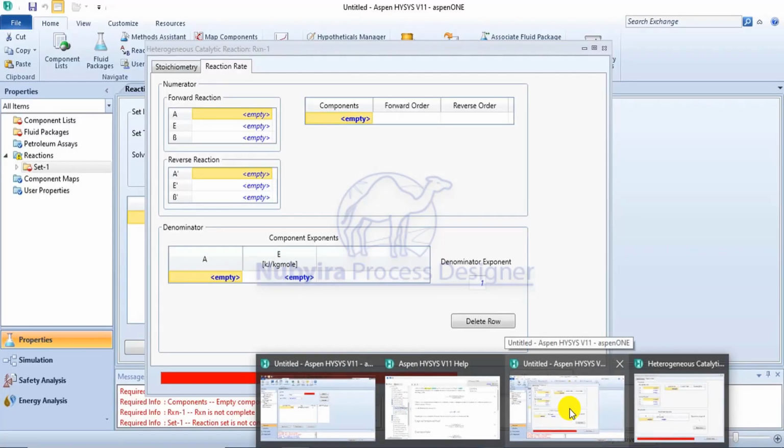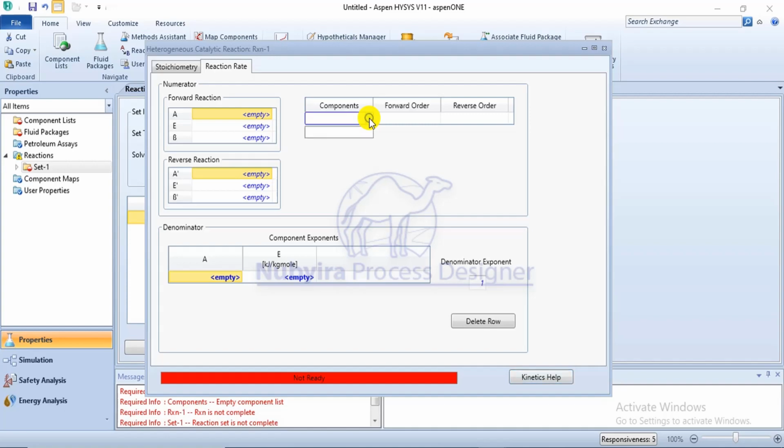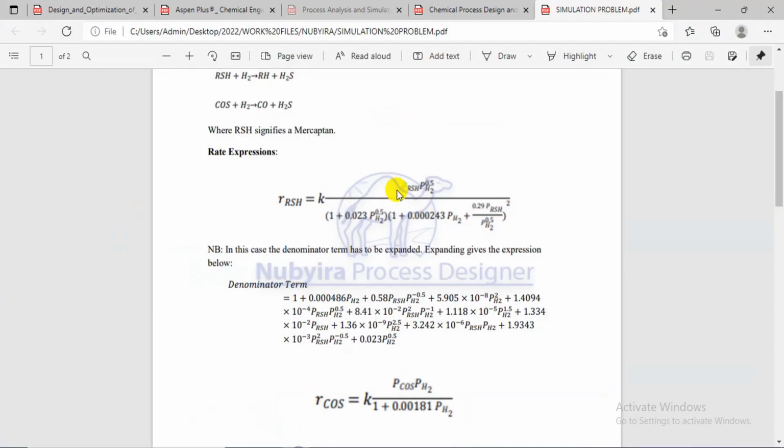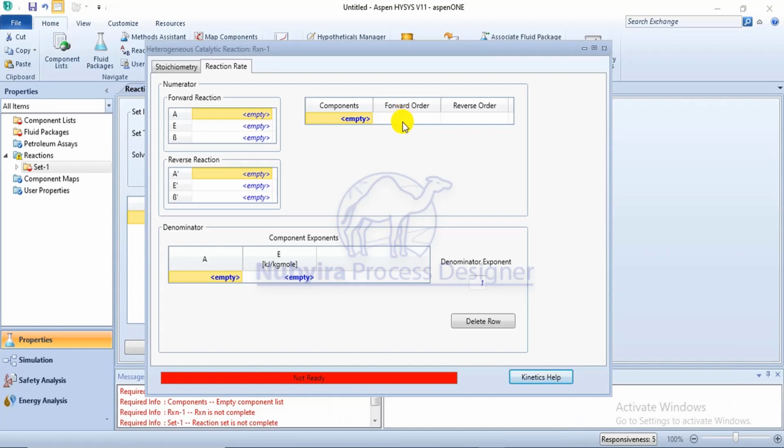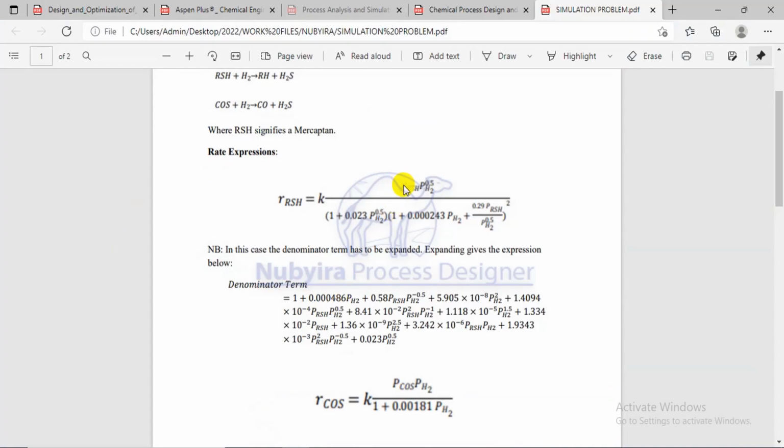Now let's go back there. So for these components, for example, if we added hydrogen to our component list, we'll specify hydrogen here, and in the forward order we'll specify, let's check. So for hydrogen, the exponent is 0.5, right? So we'll be specifying 0.5 in this forward order. Then we'll also choose the RSH that we are using for that particular equation and we'll specify 1, because P RSH is also P RSH raised to power 1, right?